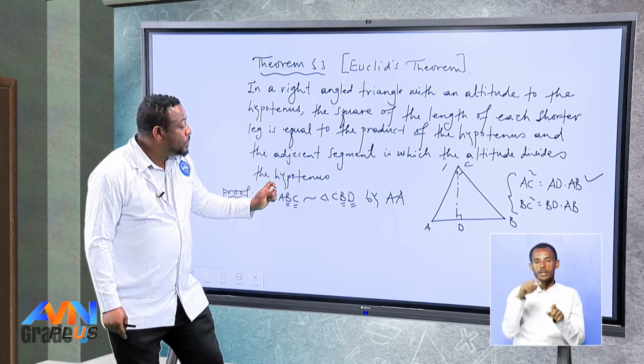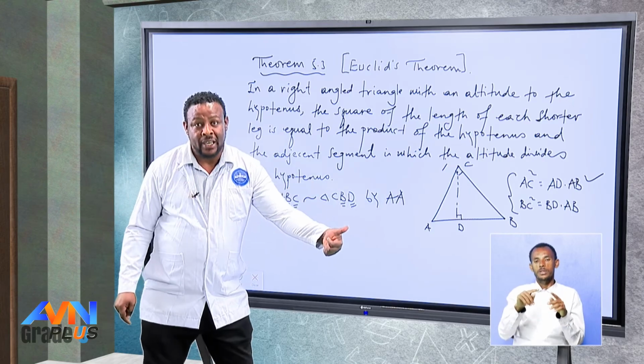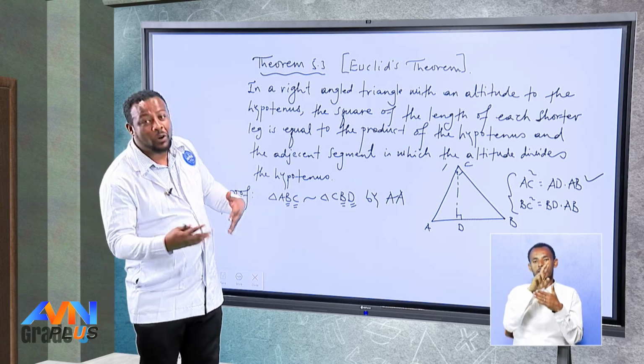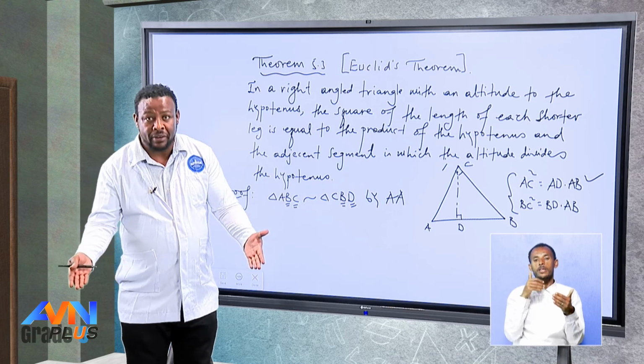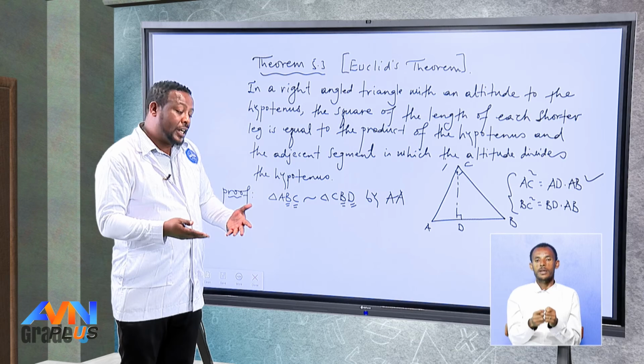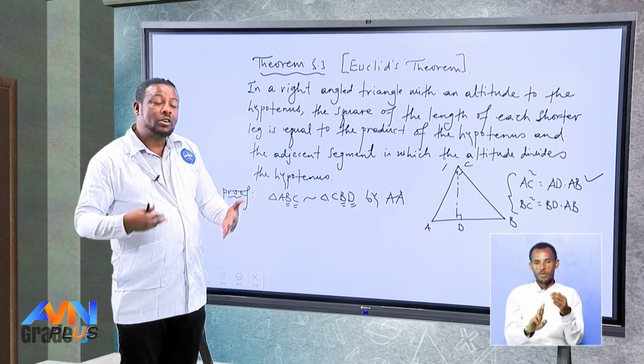So by similarity of these two triangles, we can take the ratio of the pairs of corresponding sides as congruent, because if two triangles are similar, the ratio of the pairs of corresponding sides are congruent.